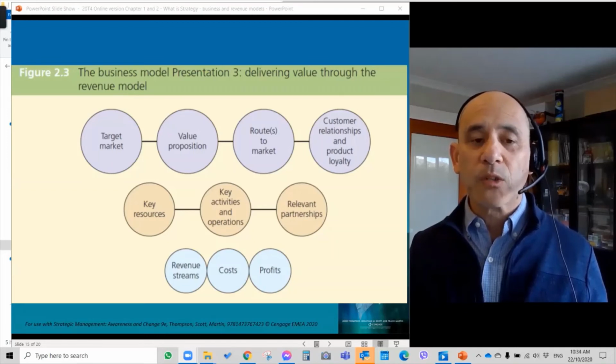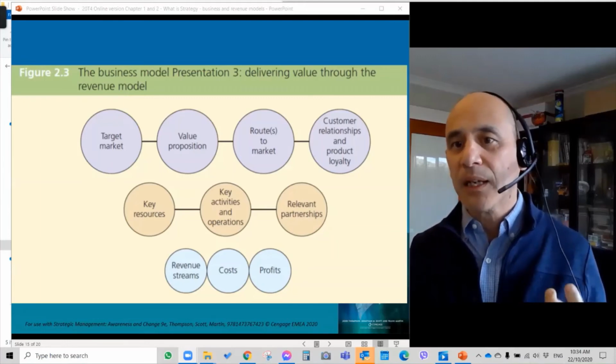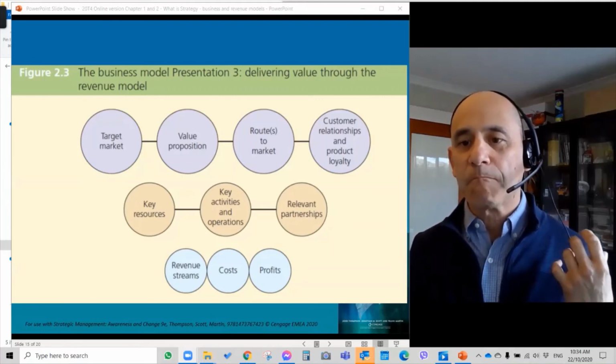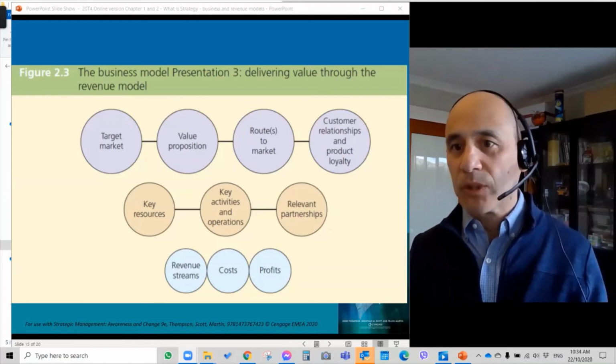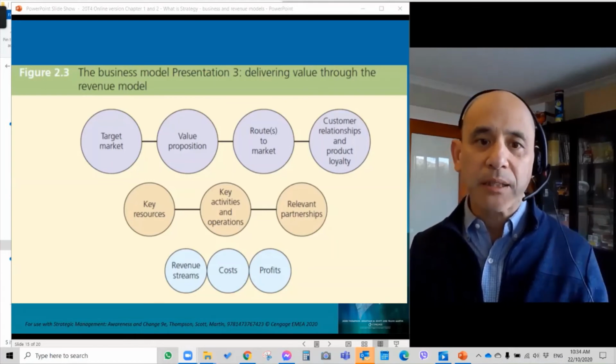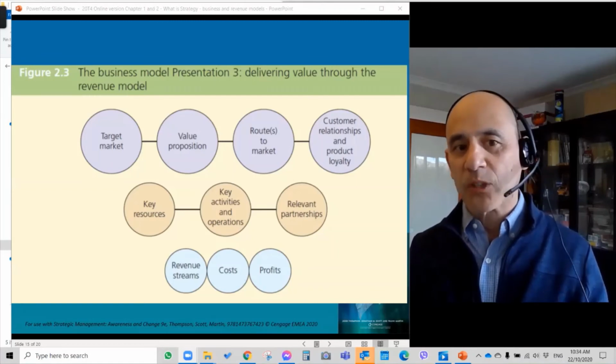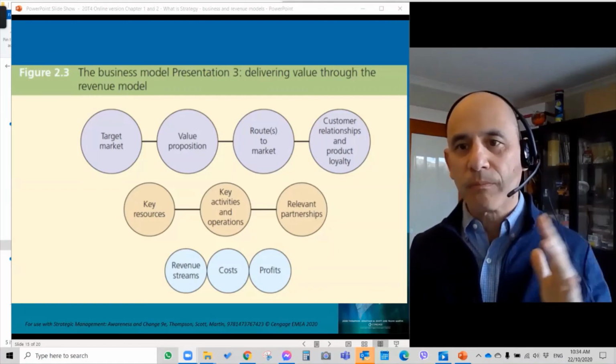So the revenue model also includes the revenue streams that we have. So in other words, how do we make our money? We can have several offerings. For example, a bachelor degree in accounting, bachelor degree in marketing, bachelor degree in management. So these are revenue streams.